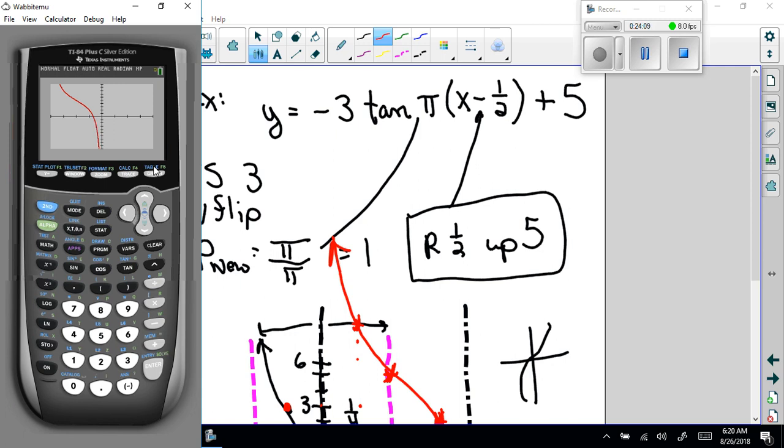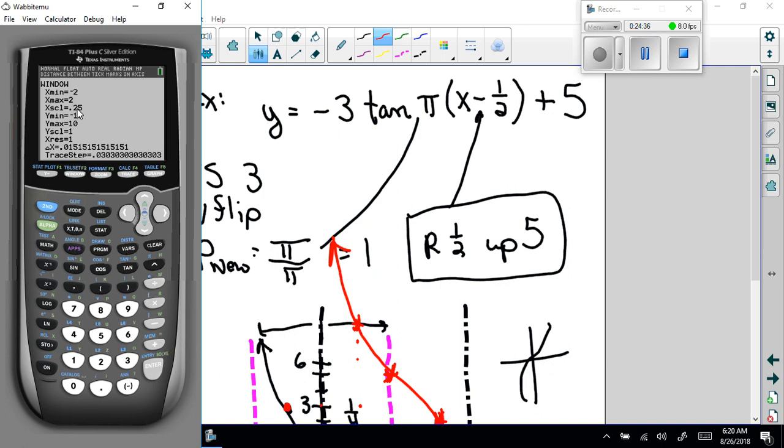And what I do is I even look at the table because I know I'm going by quarters. So if you go to your table now, it's not set up right. So you gotta go second table set. And I don't care if it's -1 to 1, -2 to 2, it doesn't matter, the graph.